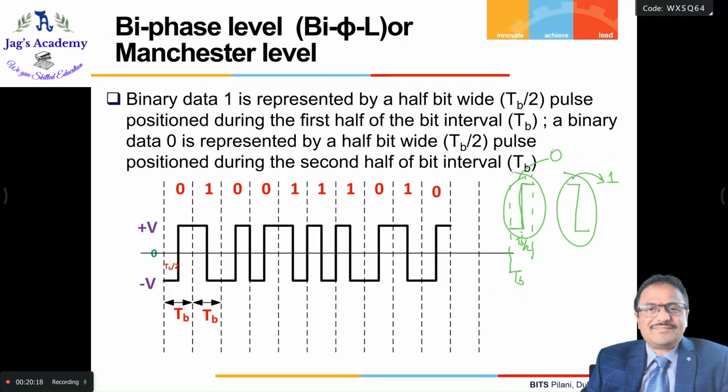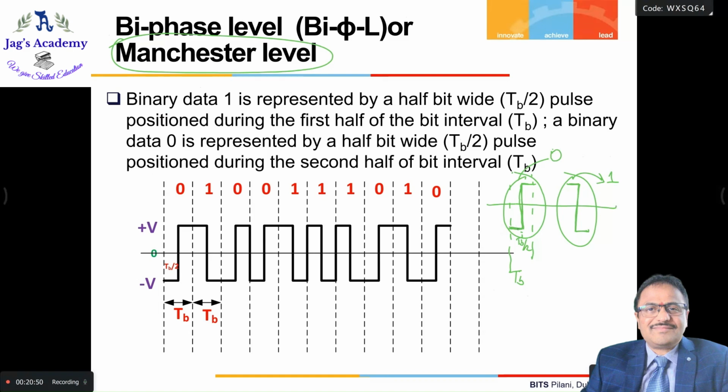That's why it's called biphase level. This is also given a famous name, Manchester level. So you all remember Manchester very well now. Season is going on, right? So remember that, Manchester level. In Manchester level, your 0 is represented like this, 1 is represented like this. See, 0 starts from the negative level.